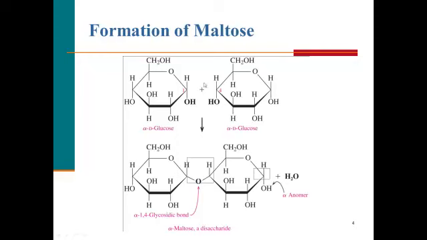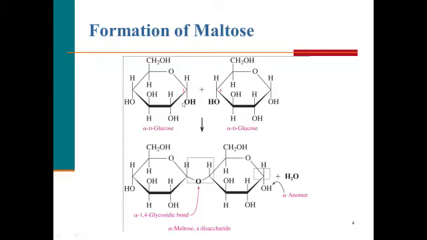The alpha refers to the position of the OH at carbon 1. Remember that carbon 1 is the carbon that forms the ring. It's called the anomeric carbon, which means that the OH can either be in the down position or the up position when the molecule goes from the open chain to the closed chain molecule.